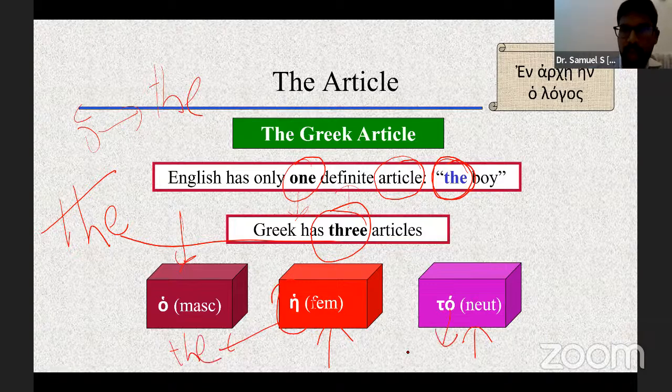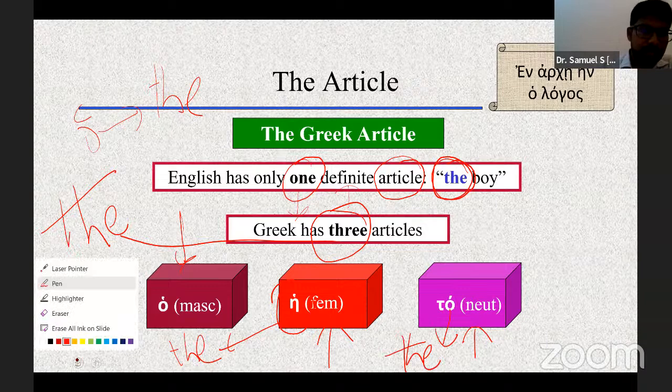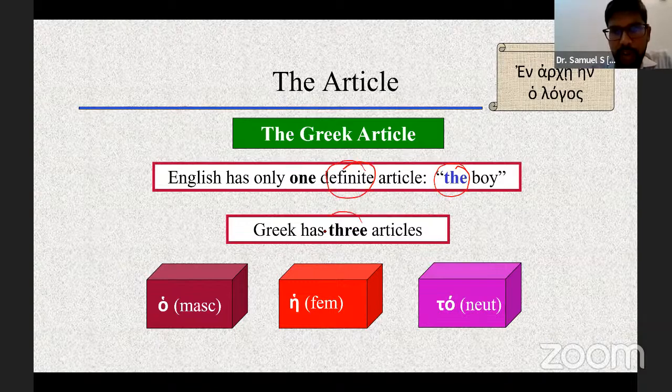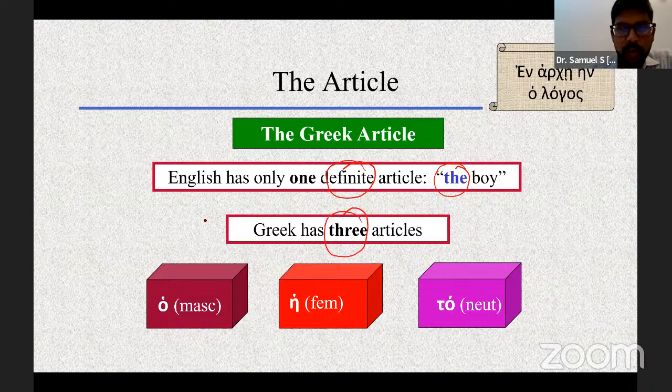When you say to, it means the. But in English, you just have one word to communicate definiteness. In Greek, you have three different ways. If you want to talk about a masculine noun, you use ho, he for a feminine, to for a neuter.